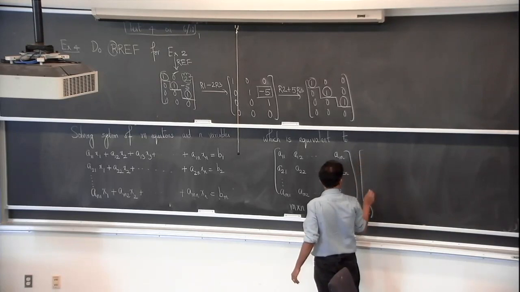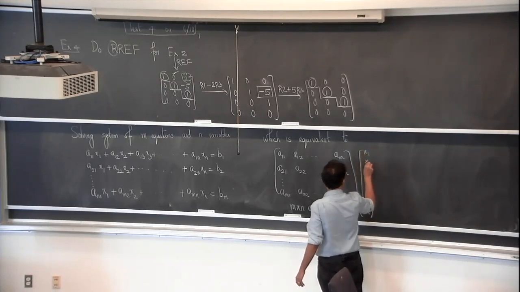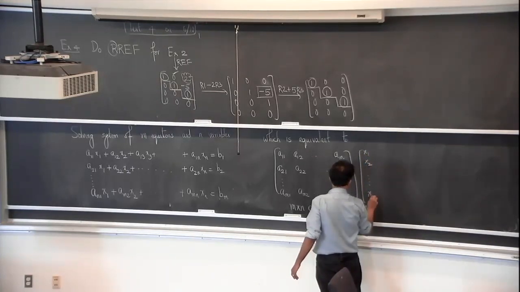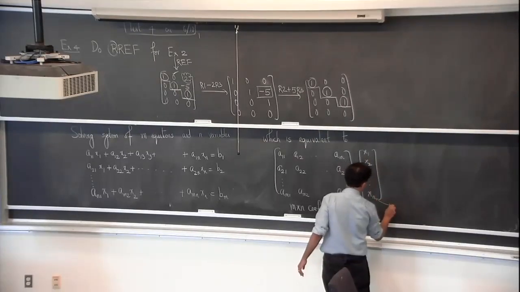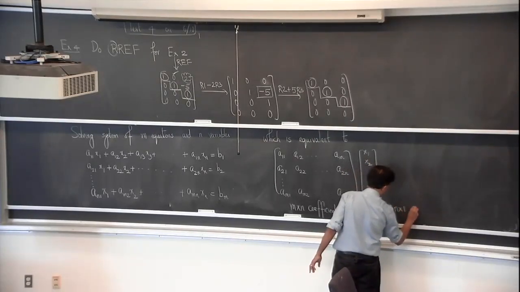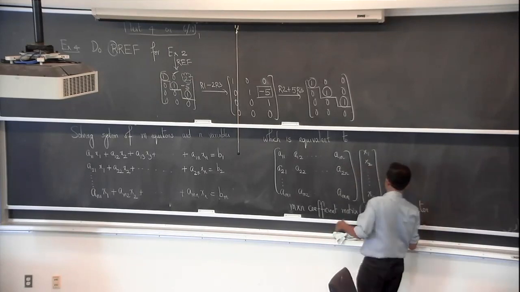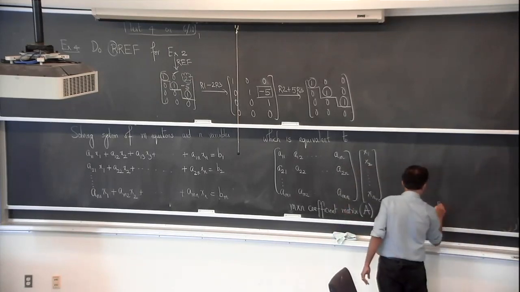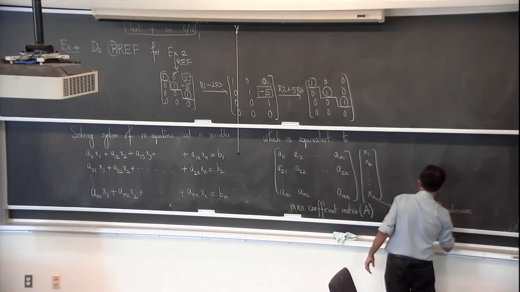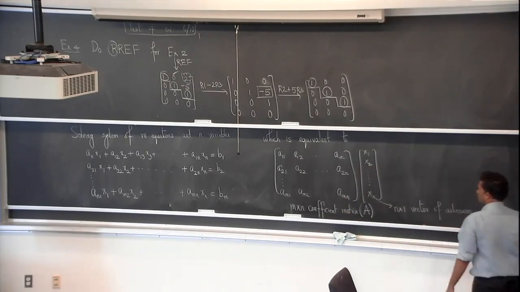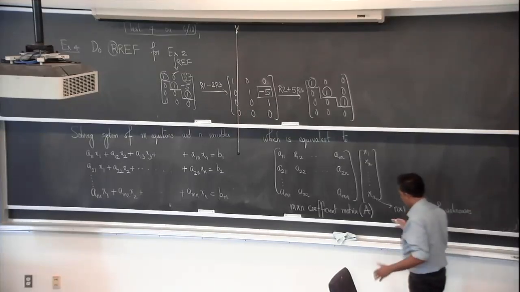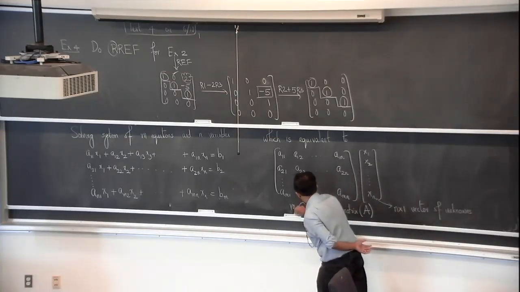times the vector of unknowns, which is x1, x2, dot dot xn. This is an n by 1 vector, also a matrix, of unknowns x1, x2, x3, x4, etc. And to remind you, these are now compatible for multiplication.